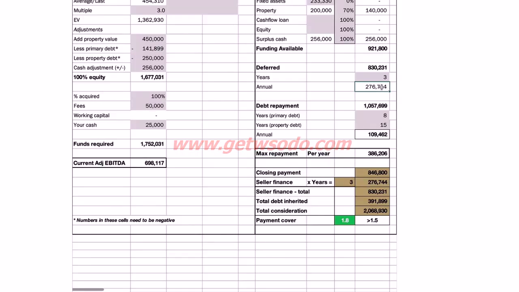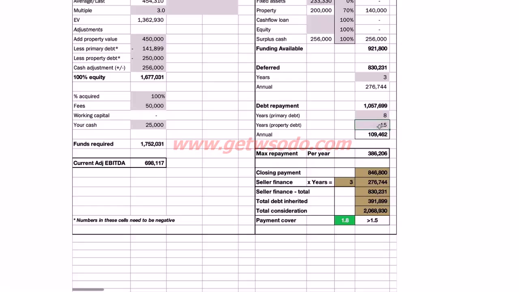And I'm assuming it as part of the deal, and I've knocked it off the price of the business that I'm going to pay. So I know that I've got to pay $1,057,000 and change back, and I'm going to assume I'm going to pay most of that debt back over 8 years, except for the property, which I will do in 15.